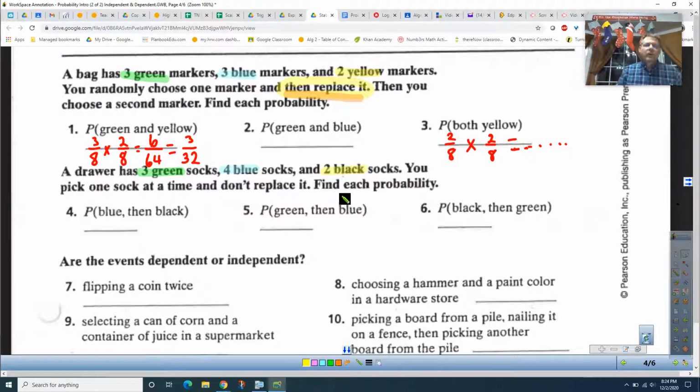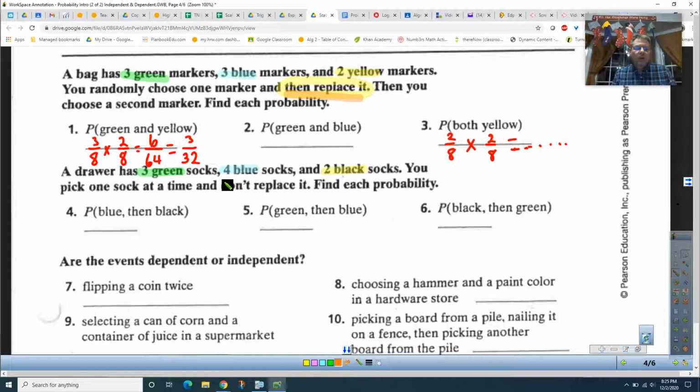So, all right. So how many socks? 3 plus 4 is 7, plus 2 more is 8, 9. So there's 9 total socks in our drawer. Okay. Now those pairs of socks or individual socks, I don't know. We're not going to worry about that.